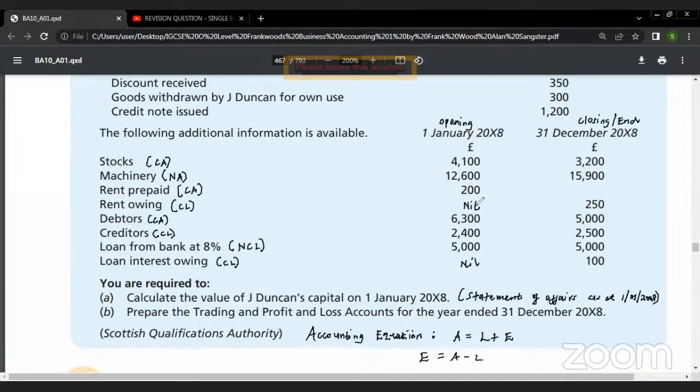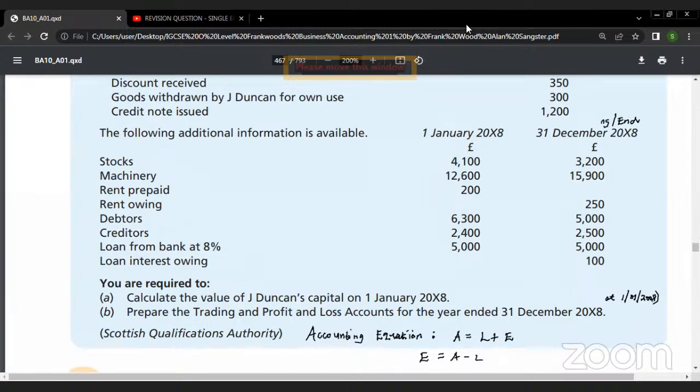So let's prepare the statement of affairs, and then we determine Duncan's opening capital as at 1st January 2008. So I have this page.